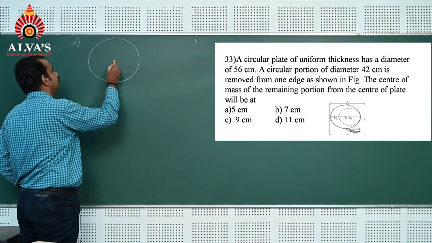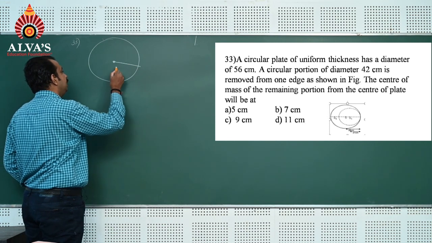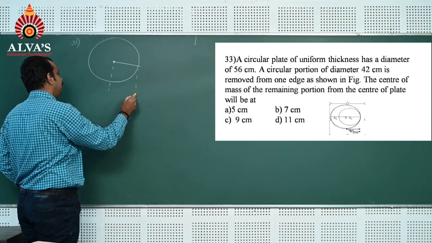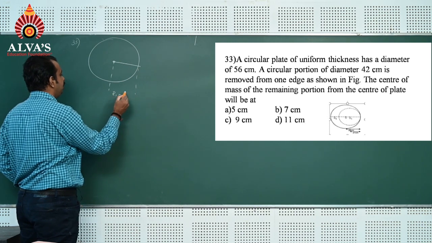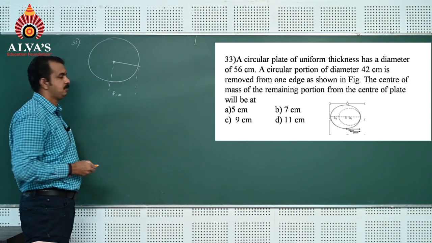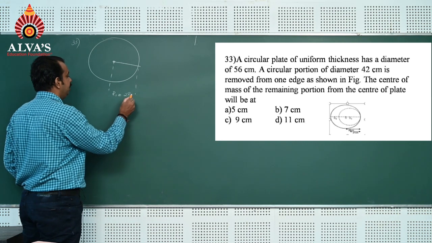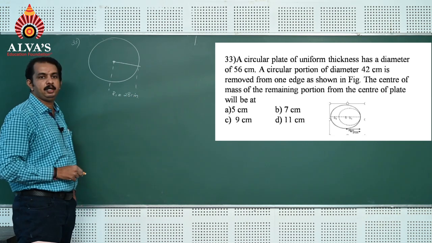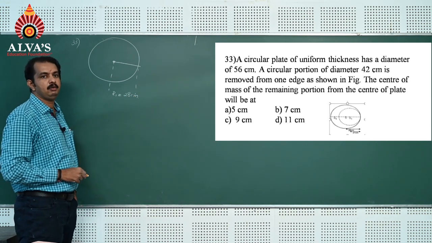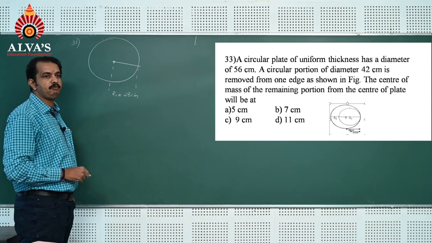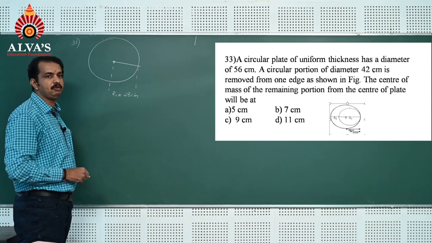I would like to consider this as initial, R1 is equal to 56 by 2, which is 28 centimeter. Now a circular portion of diameter 42 centimeter is removed from the edge.